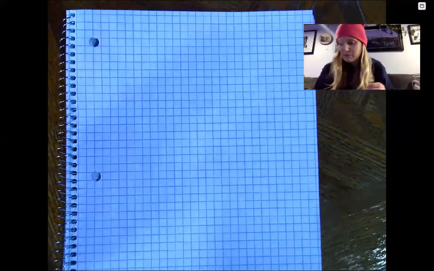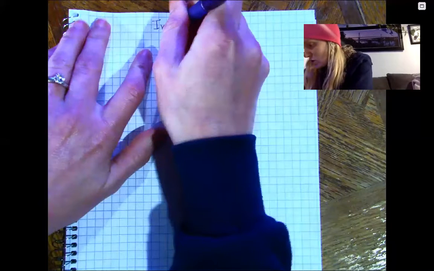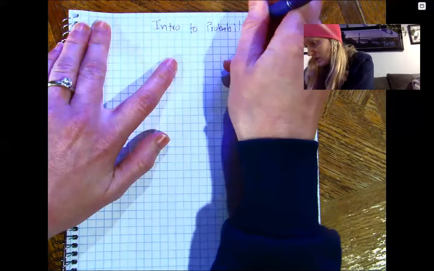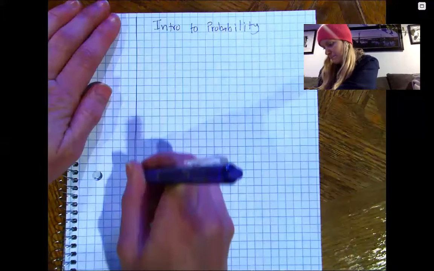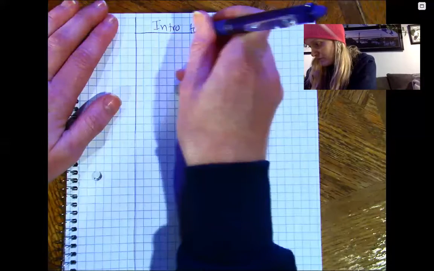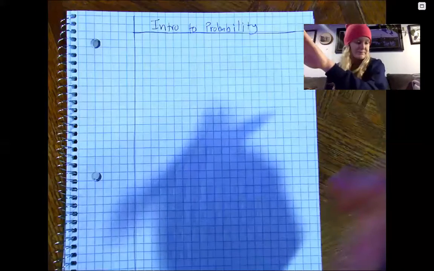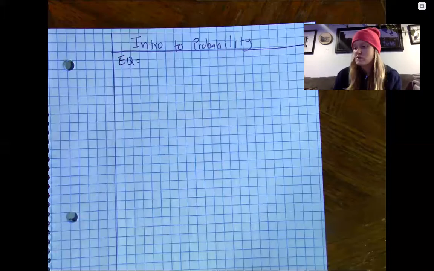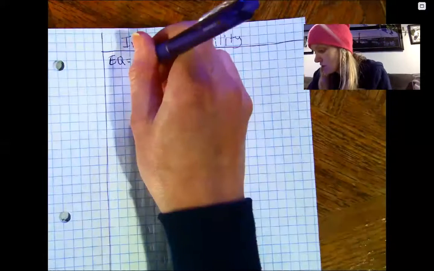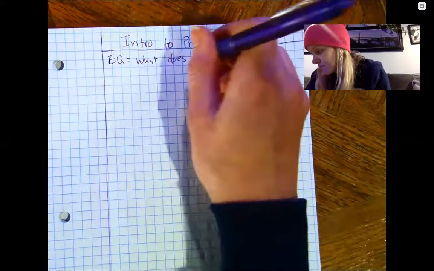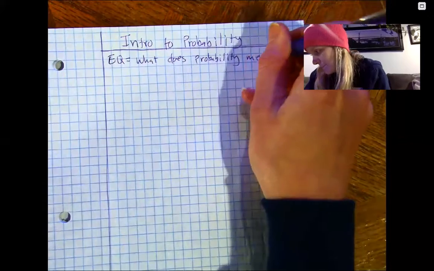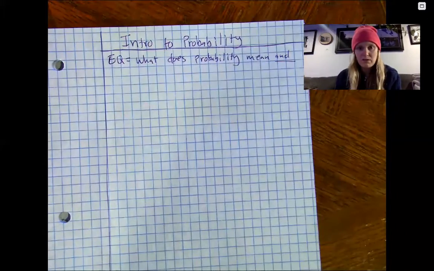So, intro to probability. This is going to be our first one. Intro stands for introduction. I'm going to draw my notes. Okay, give you time to write that down. Our EQ is going to be, what does probability mean?